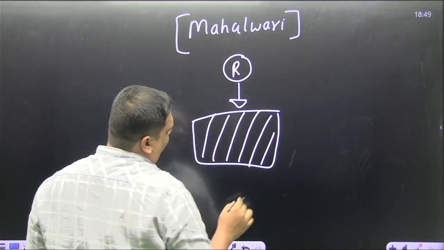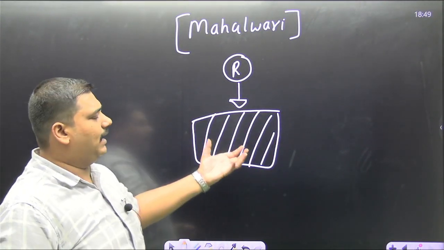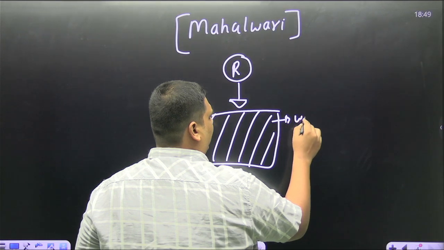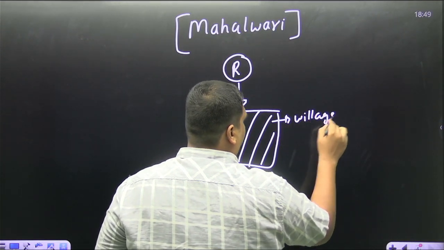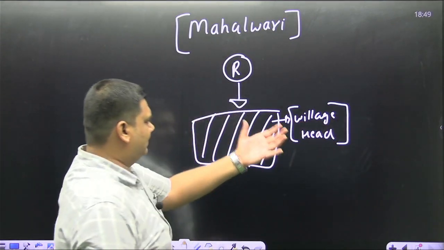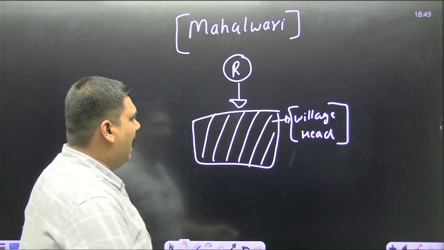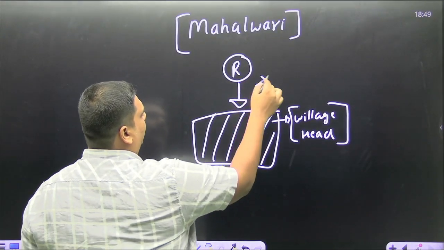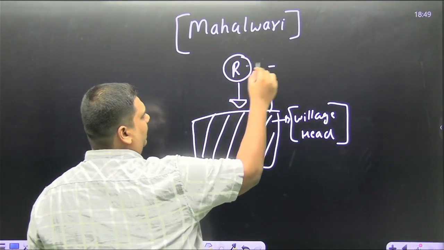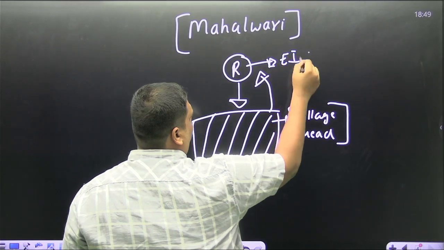There will always be a village head. The village head would collect the taxes from all the cultivators and push the money up to the revenue officials, who gave it to the East India Company.